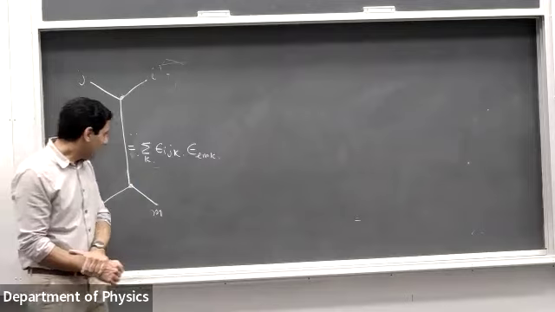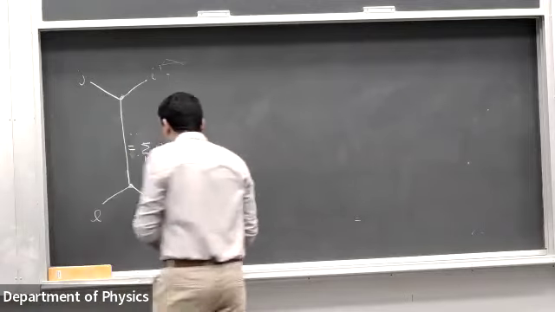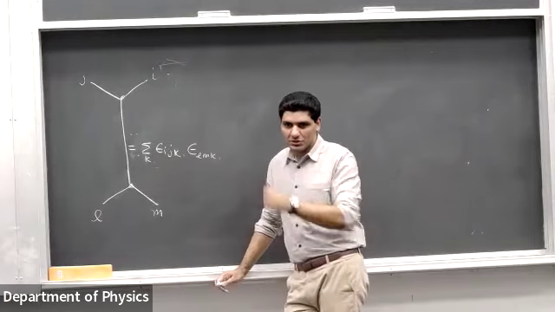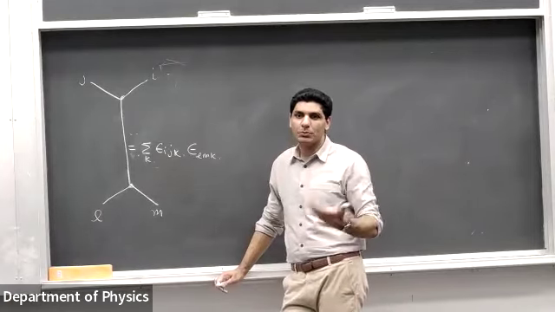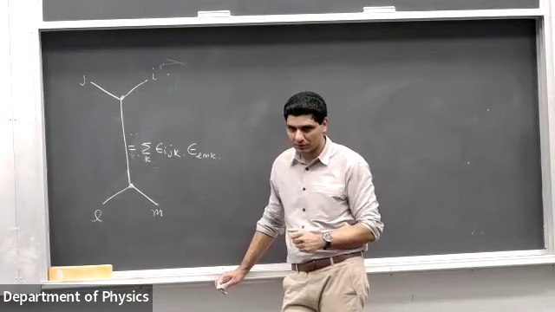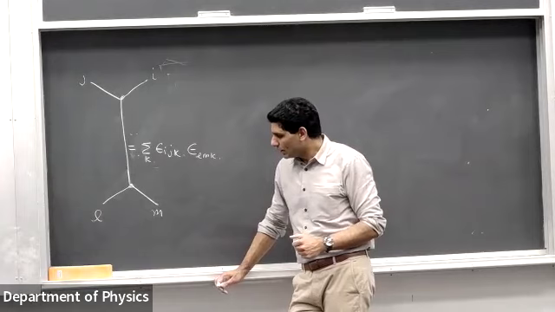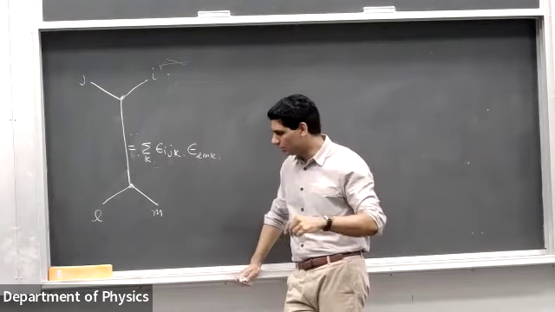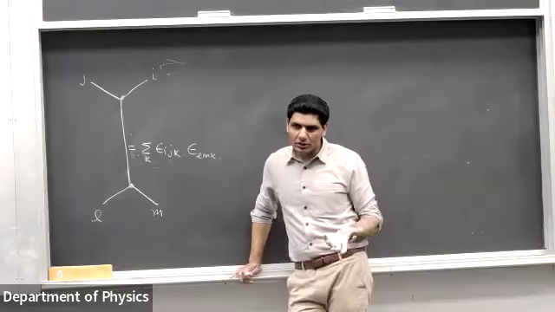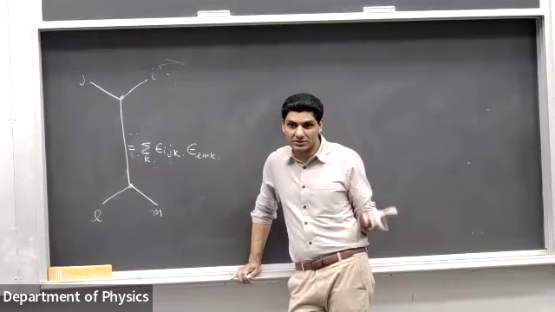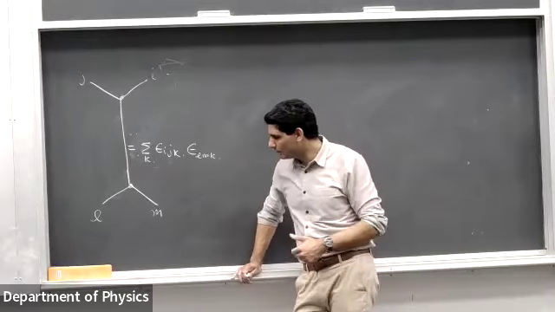Now, I want to try and come up with a decomposition for this object. And why might I be motivated to think that we can decompose it? The epsilon can take on values +1, -1, 0. This object can take on values +1, -1, 0. We've seen another object which can take on +1 and 0. What object was that? The Kronecker delta.